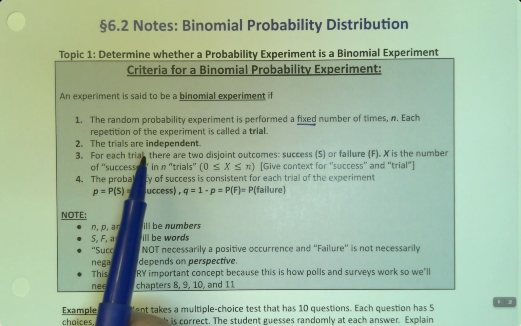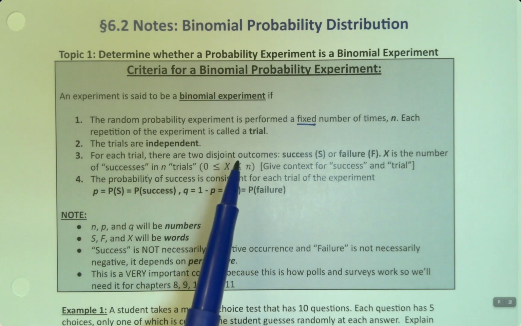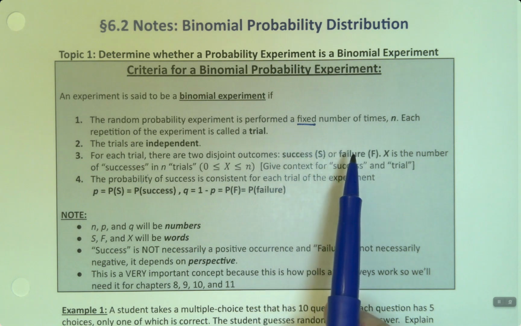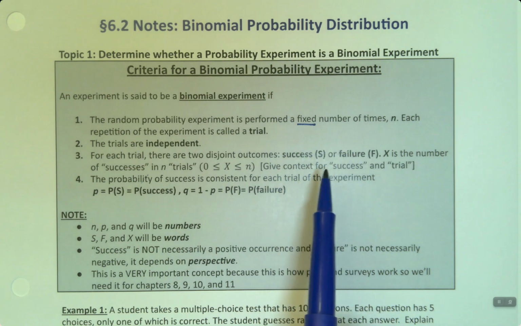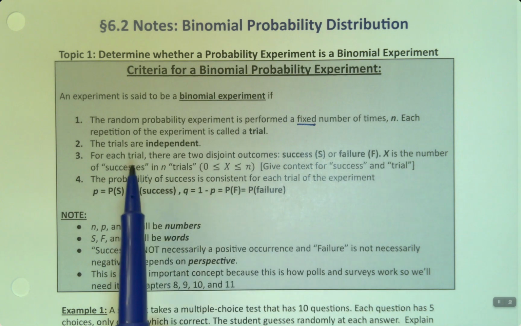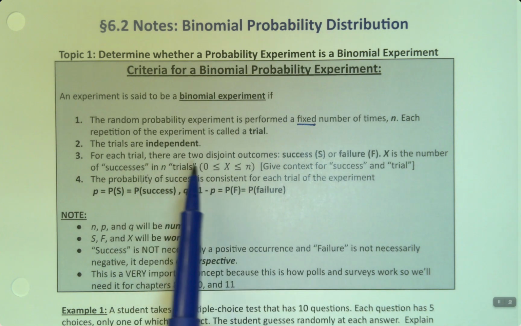Number 3, for each trial there are 2 disjoint outcomes, which we'll label as success and failure. For those, we will have to give context. And X is the number of successes in N trials, and we'll have to give context for those as well.